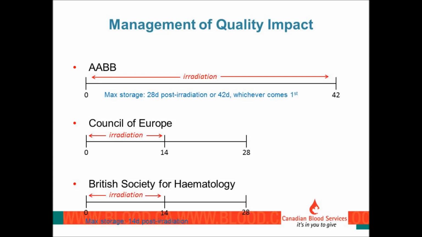But in the Council of Europe, they've decided that irradiation can only happen within the first 14 days and only kept for 14 days. And the British Society of Hematology has irradiation from 0 to 14 days with a maximum of storage of 14 days. So our standards are different in North America versus Europe.